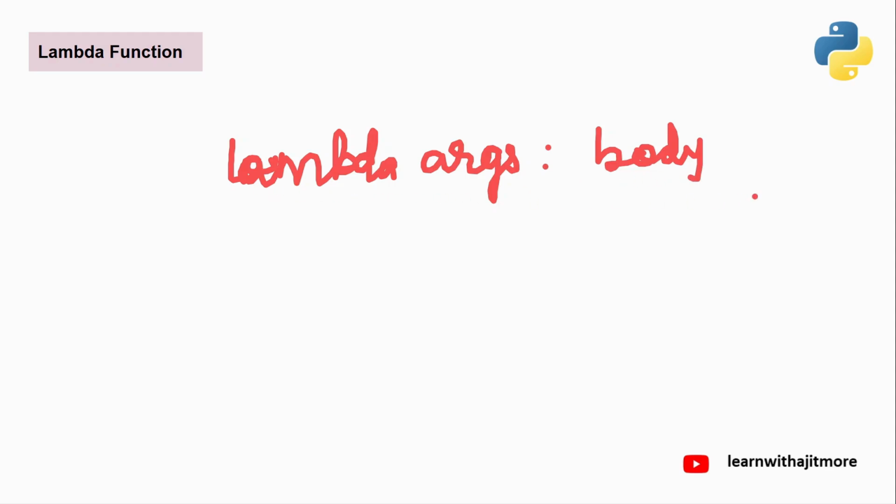When you define this function, you can see there is no name to that function. Only the arguments are there: lambda, the arguments, whatever you're going to pass, and then the body. If it is performing some simple expression, no need to write even return. Just write that expression. That expression will be evaluated and the value will be returned also. No need to mention the return statement as well.